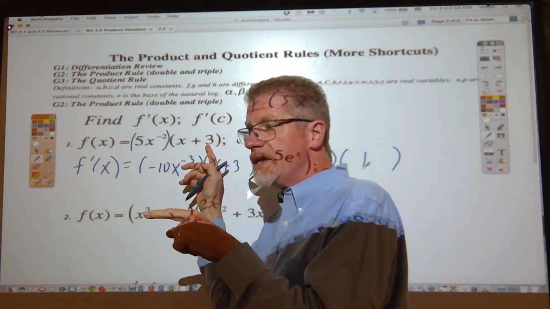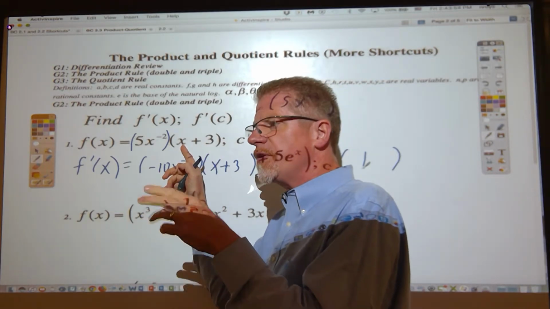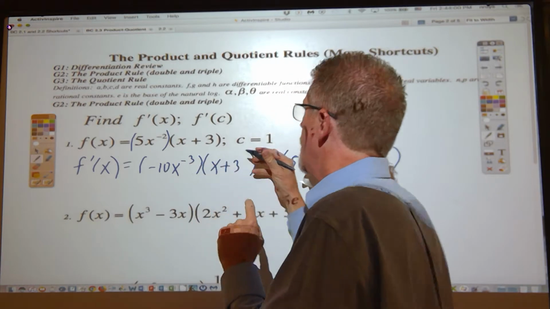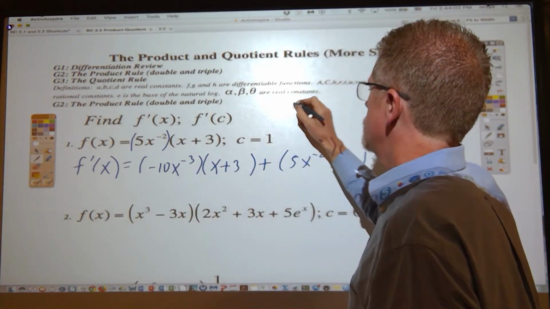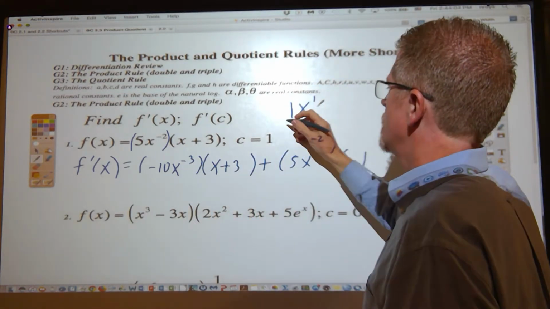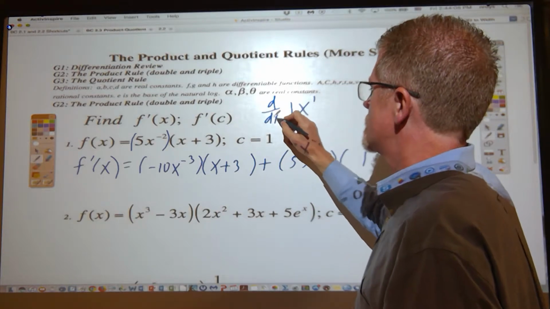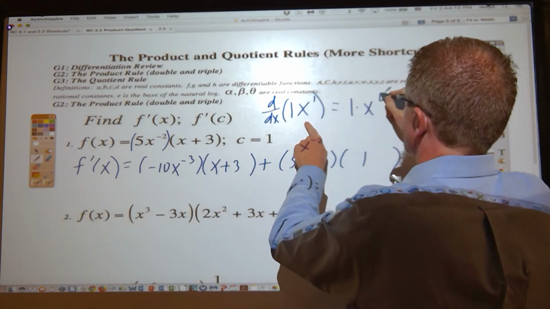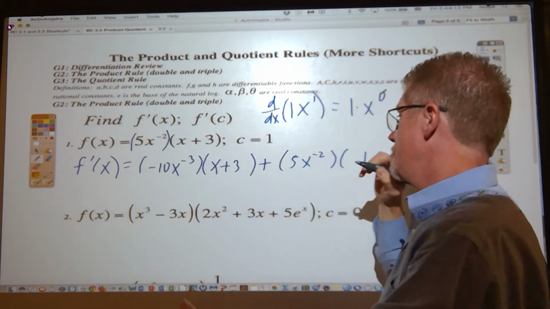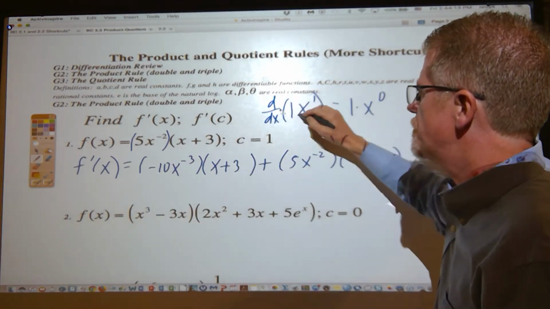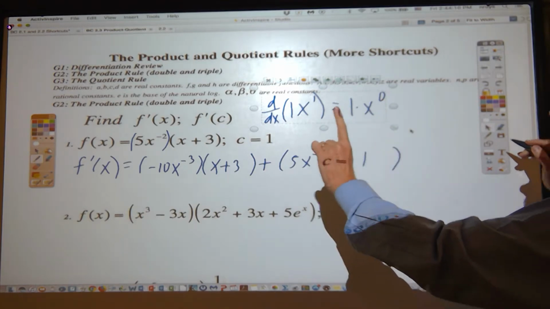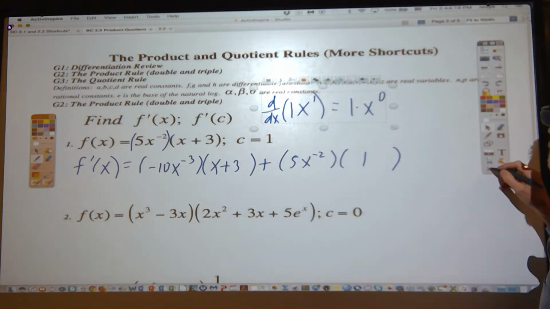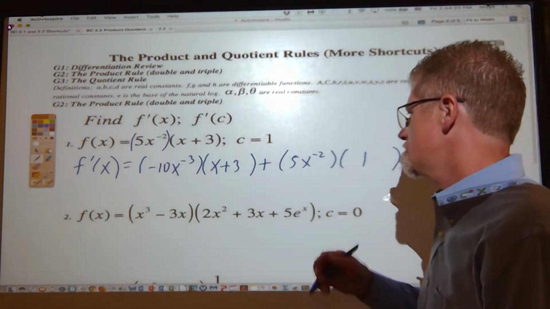The derivative of 3 is 0, but the derivative of x is 1. There's a lot of stuff going on at once, but it's 1 times x to the 1. So when you take the derivative with respect to x of this, you take 1 times 1 is 1 times x to the 0, but x to the 0 is 1. If you think about the slope, that's parent graph number 1. That's your first parent graph. And the slopes of those tangent lines are always 1.